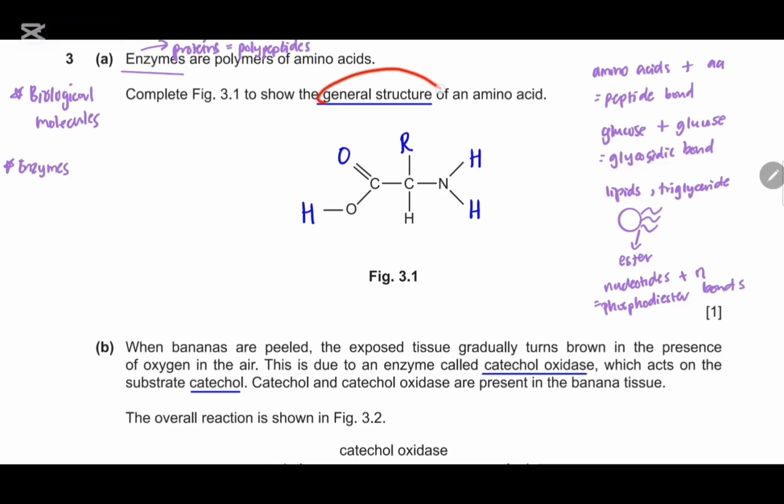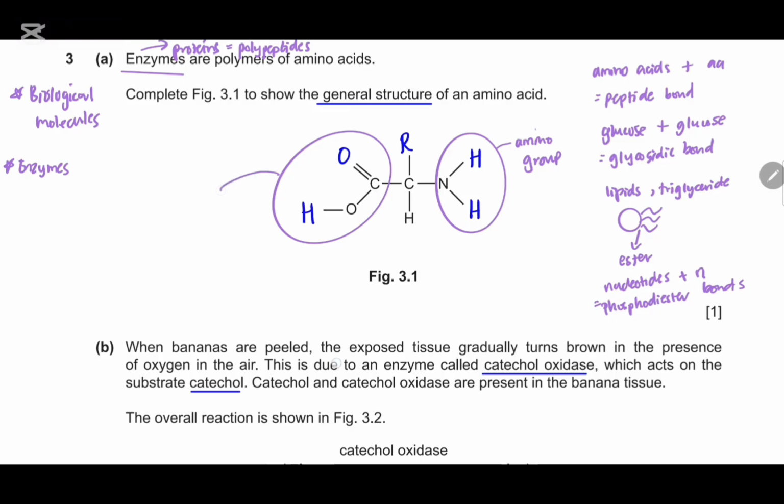We must draw the general structure of an amino acid. I've drawn that for you, so what you need to do is complete the diagram. This is the amino group. And this is your carboxylic acid group, COOH.